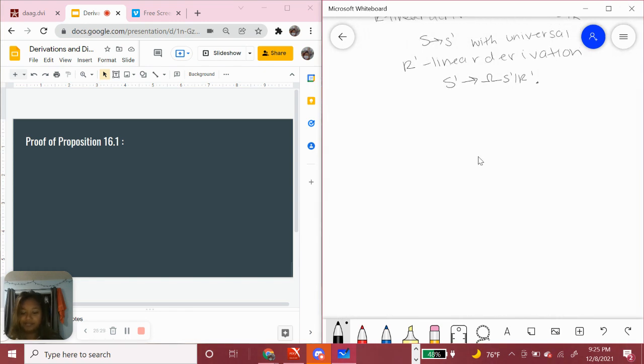Okay, there we go. So you can also see that the S linear map Omega S over R to Omega S prime over R prime, this we can interchange with the S prime linear map.